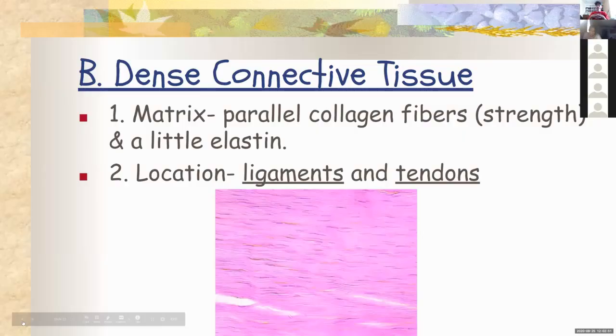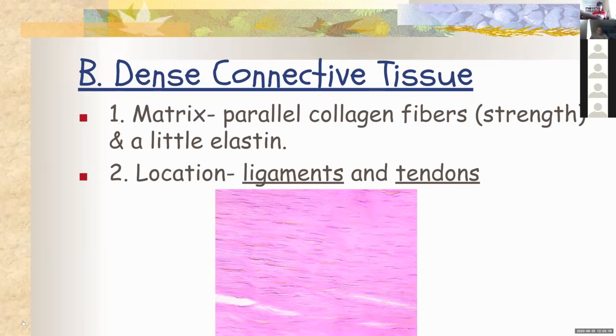Now, the location of dense connective tissue is our ligaments and our tendons. So in between our bones, this bone and this bone is held together by dense connective tissue. We call those ligaments.